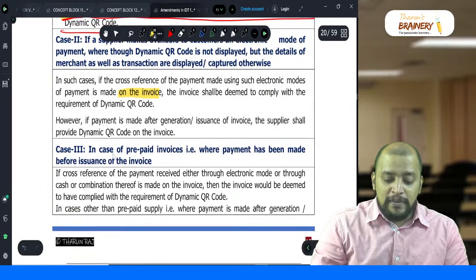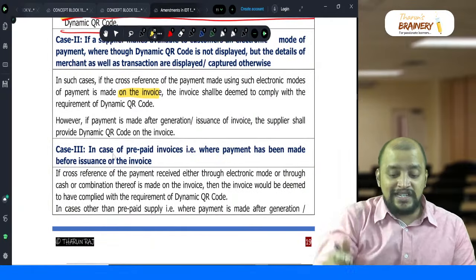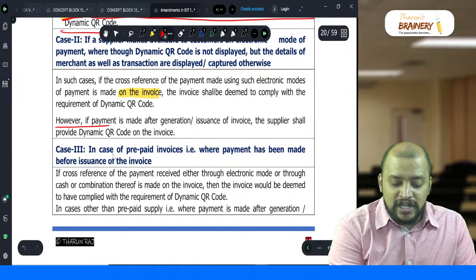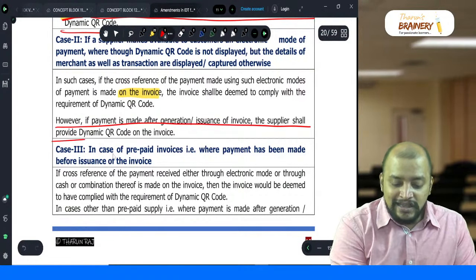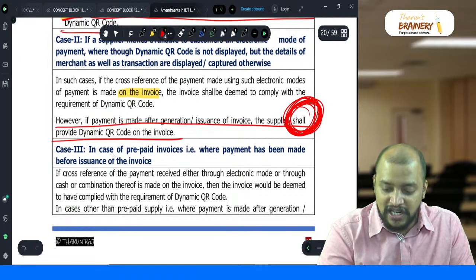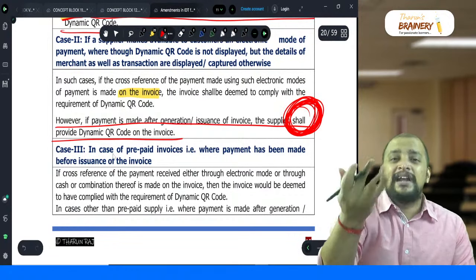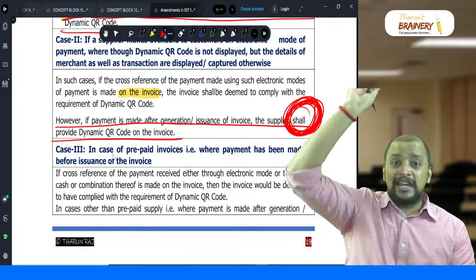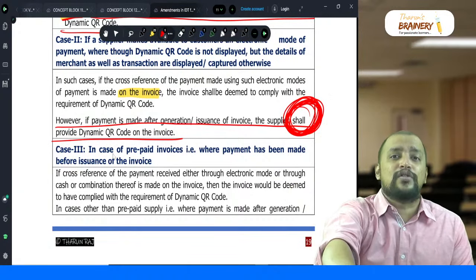If the payment is made after generation or issuance of the invoice, the supplier shall provide a dynamic QR code. It is mandatory, and the payment should be collected through the dynamic QR code only.